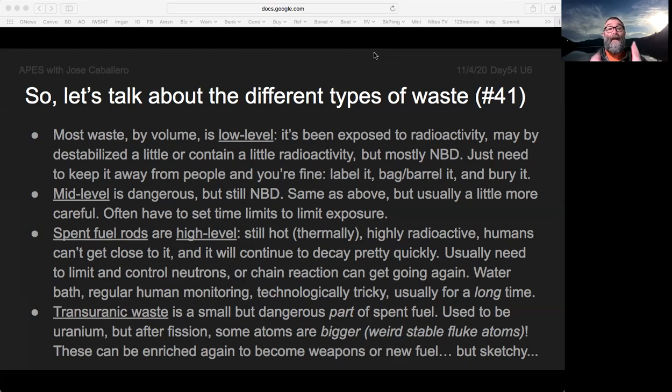So this has to be heavily controlled. You don't want a chain reaction. So these are almost always stored in water. And humans have to go by and check on it all the time. It takes a lot of technology. And high-level radioactive waste is kind of, in terms of our lifetime, it's forever. Meaning this stuff is dangerous for hundreds of thousands of years.